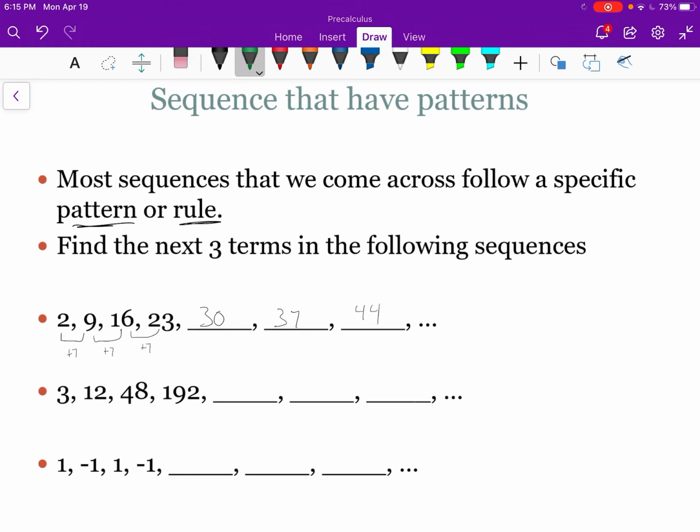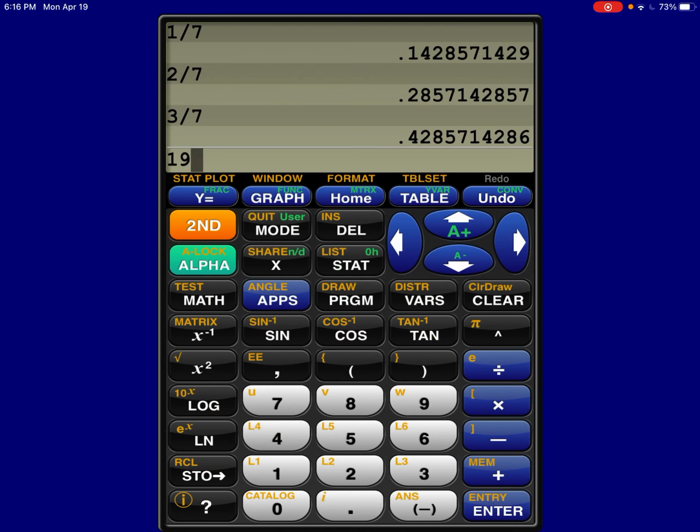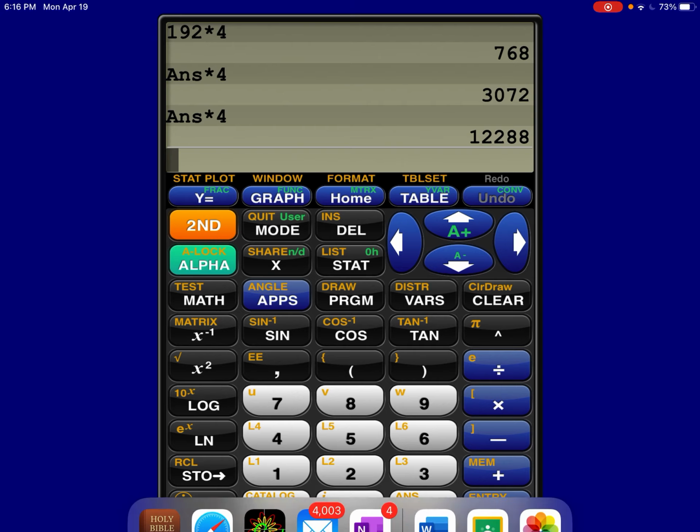Next, we'll try multiplying. 3 times 4 is 12. 12 times 4 is 48. 48 times 4 is 192. 192 times 4 is 768. 768 times 4 is 3,072, and times 4 is 12,288.